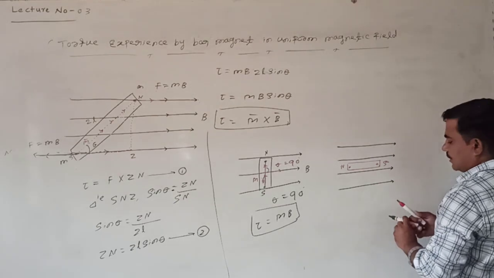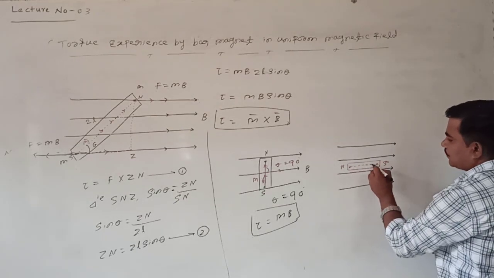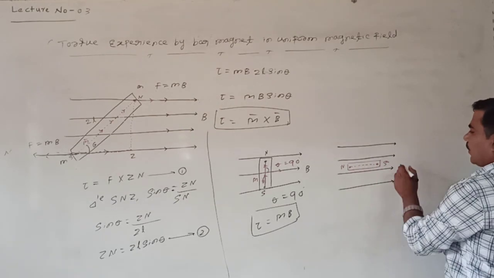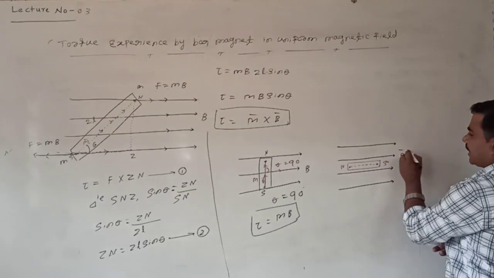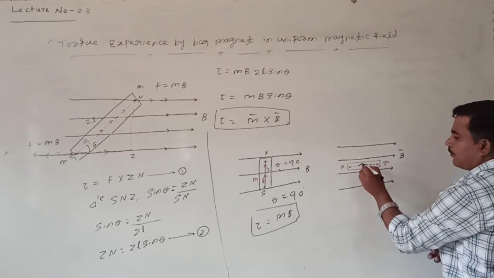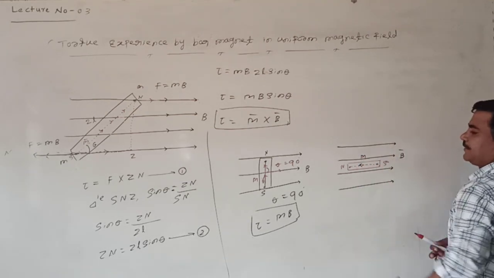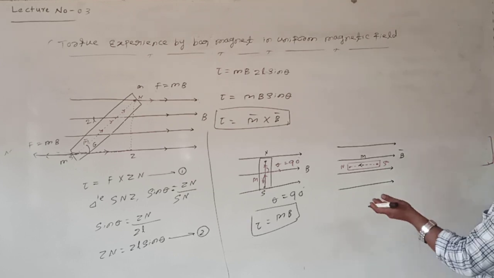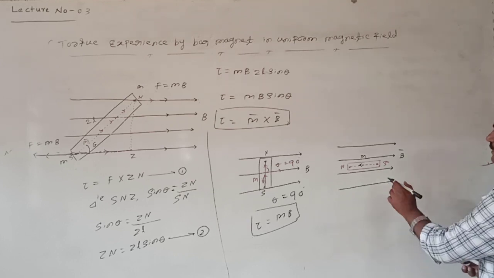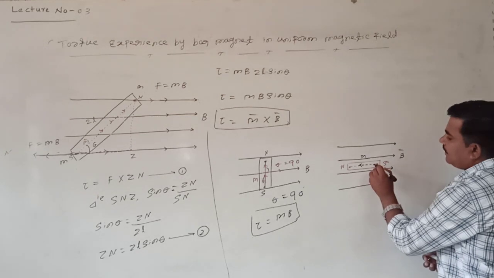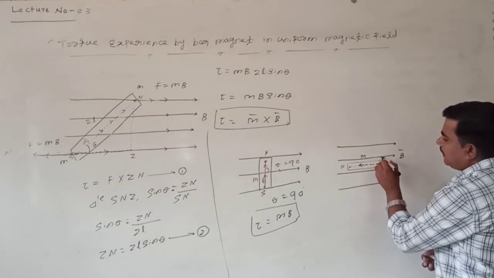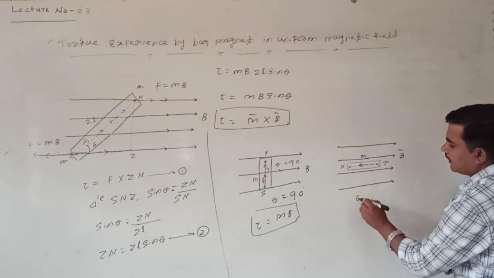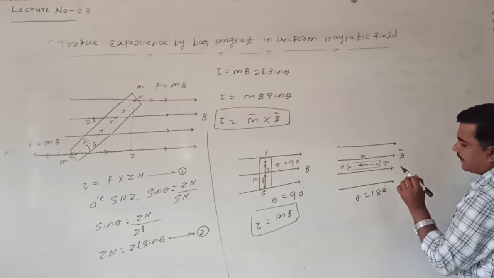This is the line joining north pole to south pole. This is the direction of the magnetic field. This is the direction of the dipole moment. In this case, the angle between the magnetic dipole moment and magnetic field is theta equal to 180 degrees.